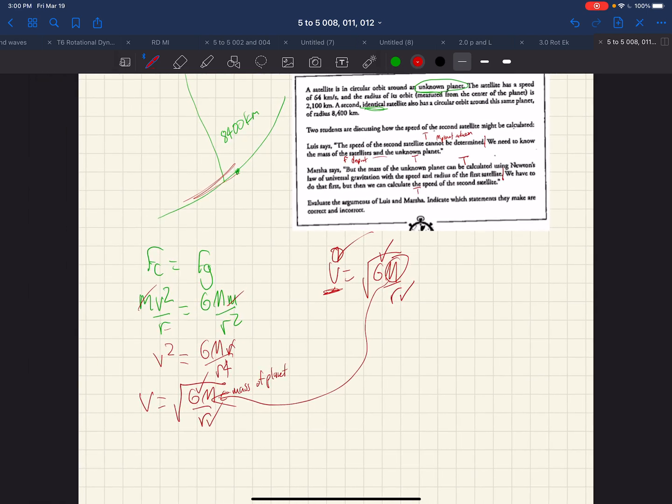Now it comes down to what we're going to write. Evaluate the arguments of Lewis. So we're going to start out by saying Lewis, the first statement is true, it can't be determined without the mass of the planet, because v is the square root of GM over r.